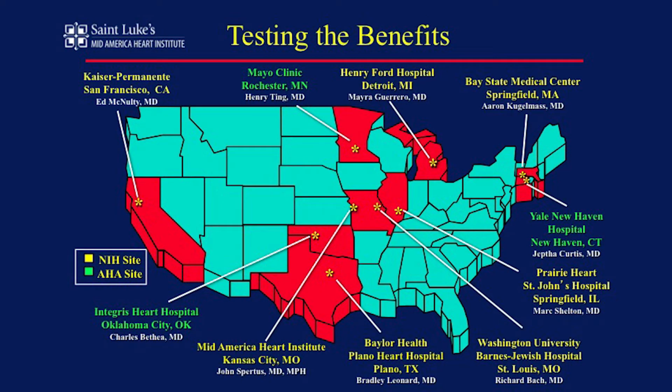We implemented this at 9 US sites and were able to compare the change in bleeding and the change in bivalirudin use before and after implementing the personalized consent forms at these 9 sites, and to compare it with 1,100 other sites in the rest of the country.